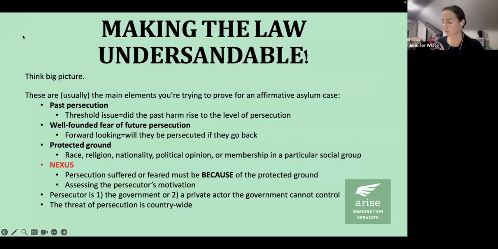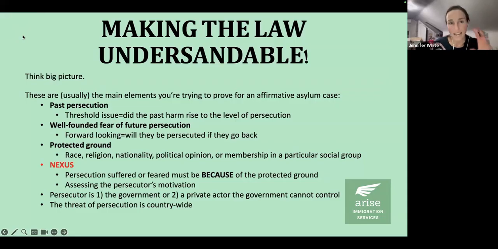I had a great question about this recently from another lawyer. She was saying that in her experience screening asylum seekers, they tended to focus on the severity of the harm, how bad everything was and why they fled, rather than the reason why they were persecuted. And it's that nexus that really makes the asylum case.